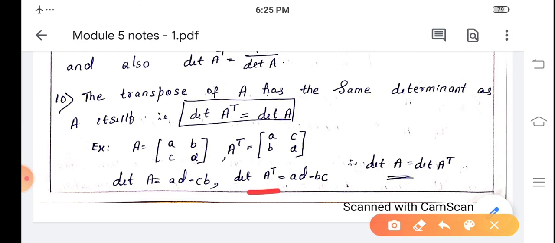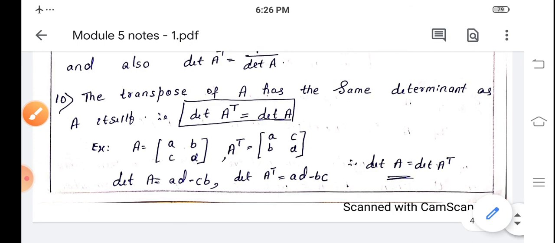And determinant of A transpose is a into d minus b into c, that will be ad minus bc. So here we can observe that determinant of A equals determinant of A transpose. So we can see that determinant of A transpose is the same as determinant of A. So these are the 10 properties of determinants.